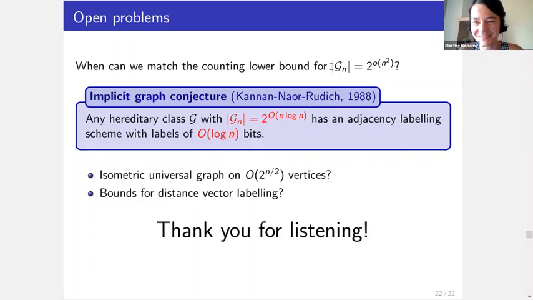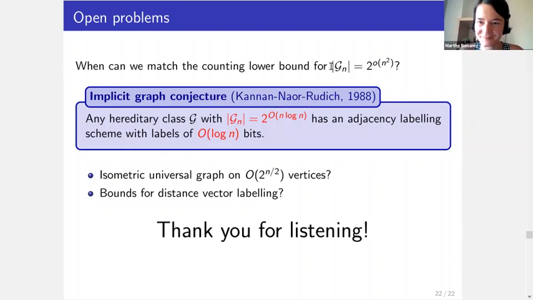Do you think it should be true? I don't know. Yeah, I could imagine that it's true for all hereditary graph classes that we can match the counting lower bound, in which case this implicit graph conjecture is true. But I've heard people say that it's probably not true, so I don't really dare to say that too strongly. But yeah.